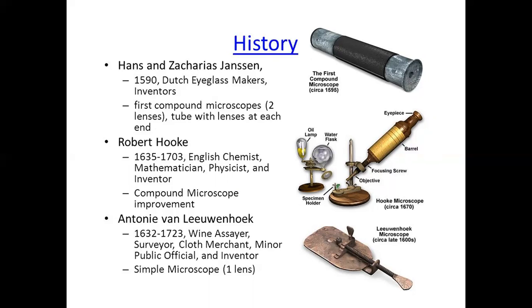Third scientist is Anton von Leeuwenhoek, who was a wine assayer, surveyor, cloth merchant, minor public official, and the inventor of the simple microscope. He invented this simple microscope which has one lens.